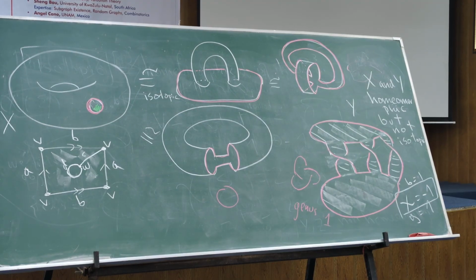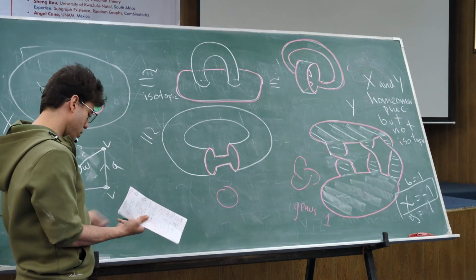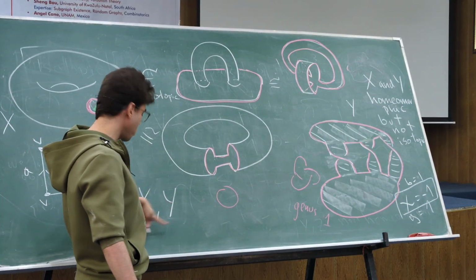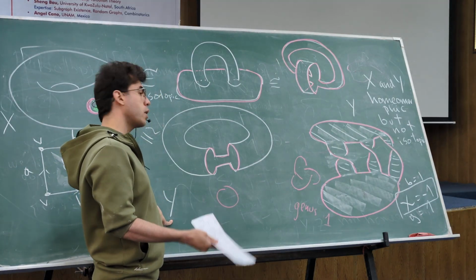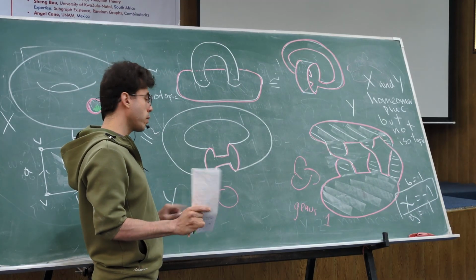Is there any relation between isotopic and boundaries? If it is isotopic, will the boundaries have the same number, or is there anything else? Yes. If two spaces or manifolds, any X and Y, are isotopic, then they are homeomorphic, and therefore the number of boundary components is the same.